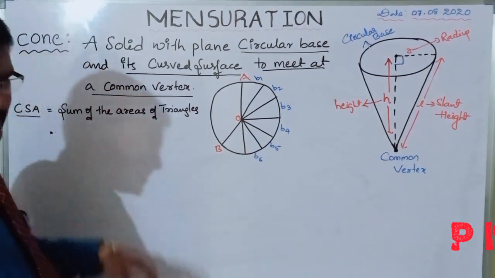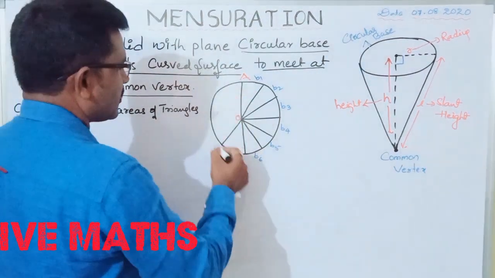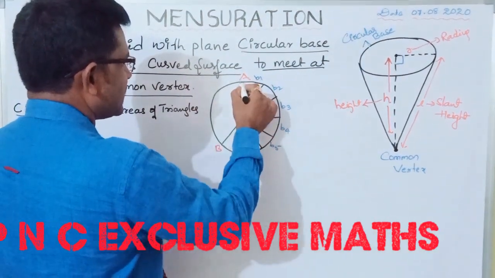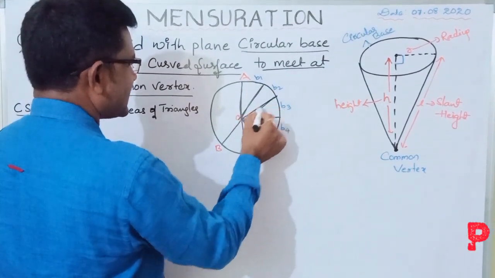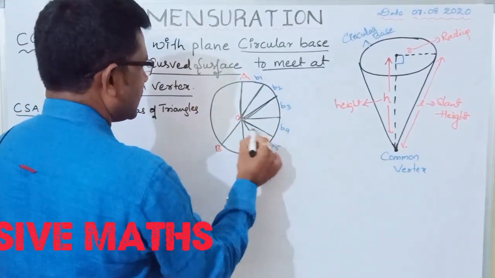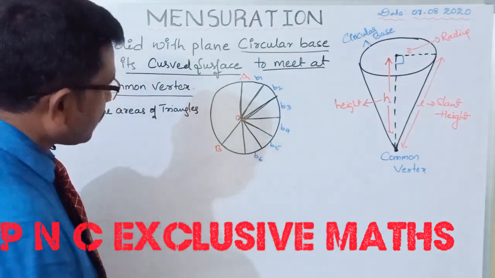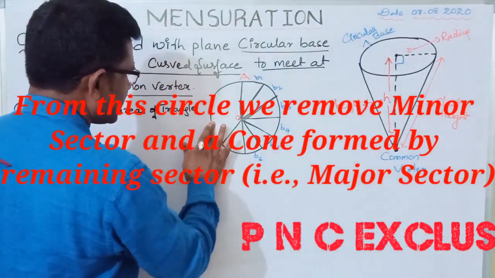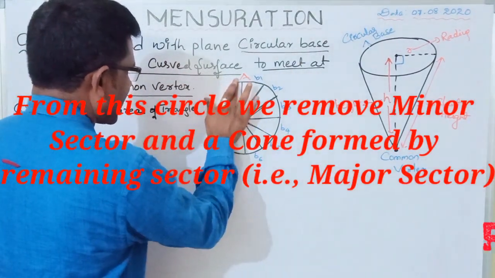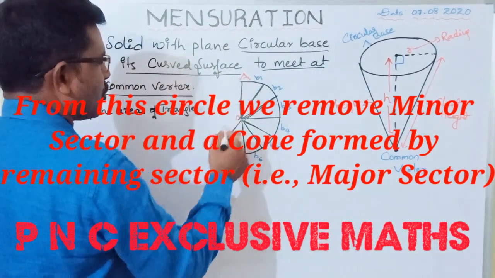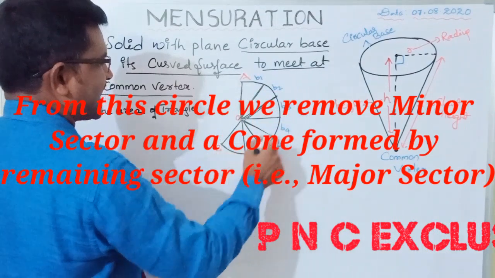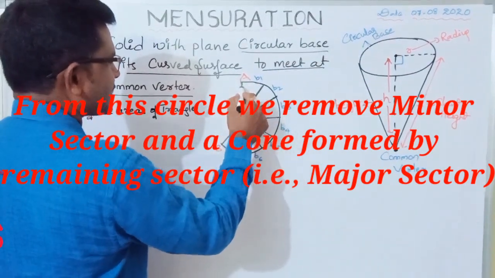Here, for the CSA of a cone, draw a circle and draw some sectors. Now we cut this sector. AOB is a special sector, and here we have some triangles.